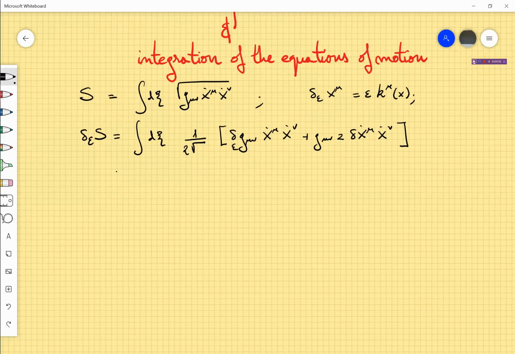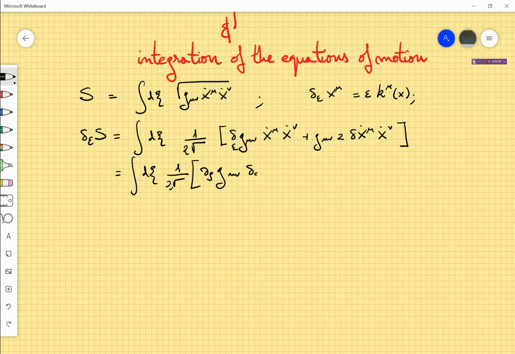Well, the next step will be to take the partial derivatives of the metric. This is what we have done also many times. And here we can commute the derivative and the variation.